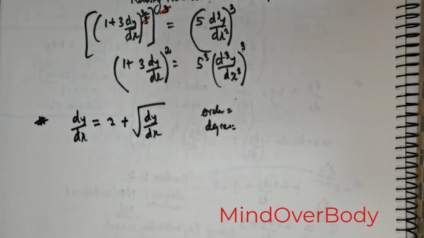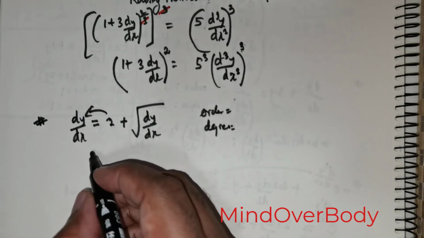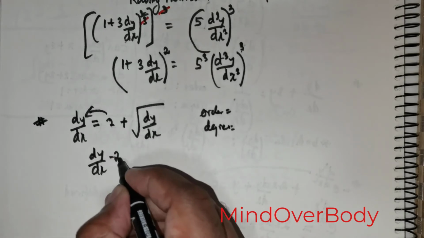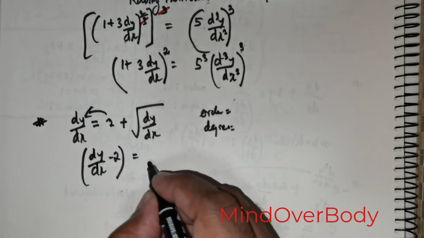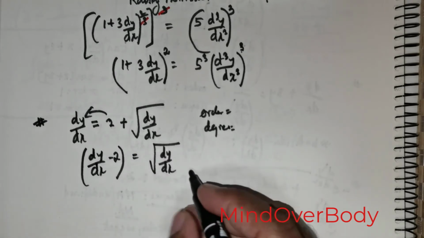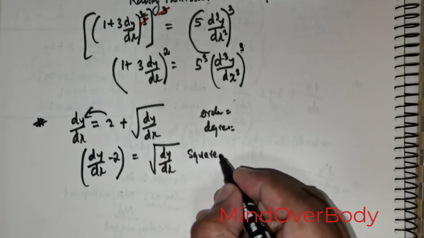So let's do that. So foremost, what I would do is bring this 2 to the left side. If I were to do that, I would get dy over dx minus 2. On the right hand side it's going to be the square root of dy over dx. So to get rid of the square root, I would have to square both sides.